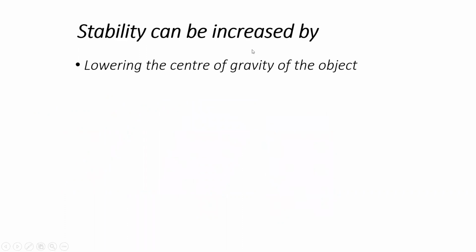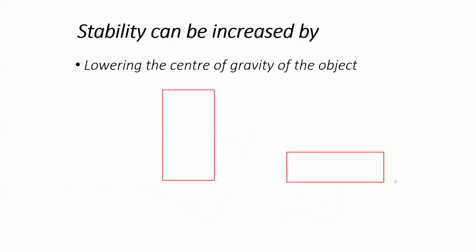So if we want to increase the stability, we should lower the center of gravity. For example, you have a bus and you have a car. A bus is having a higher center of gravity and a car is having a smaller center of gravity.